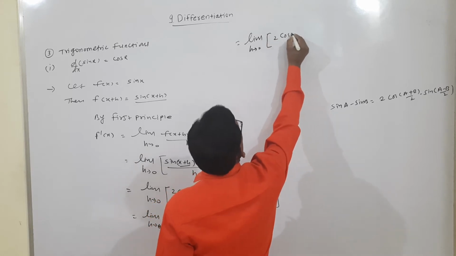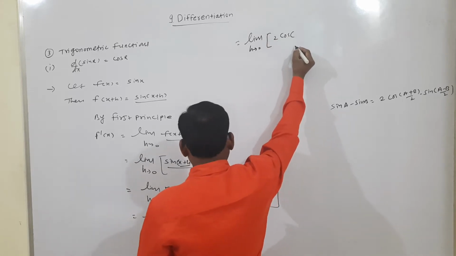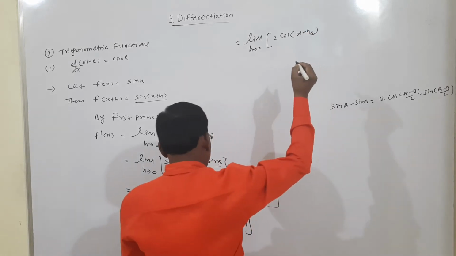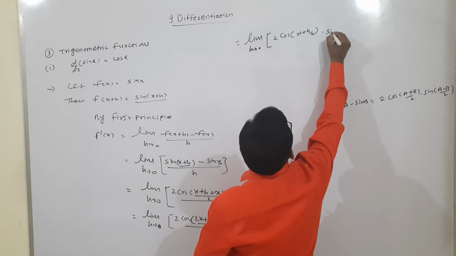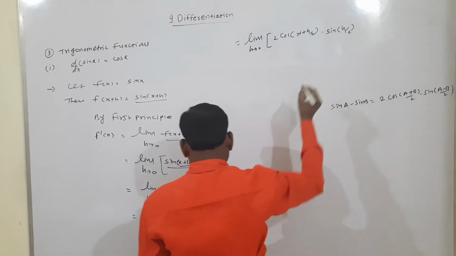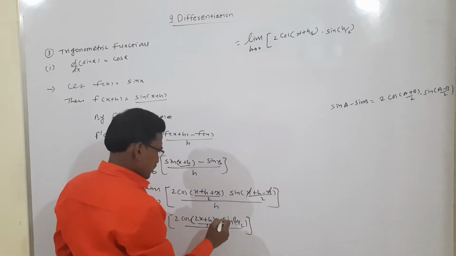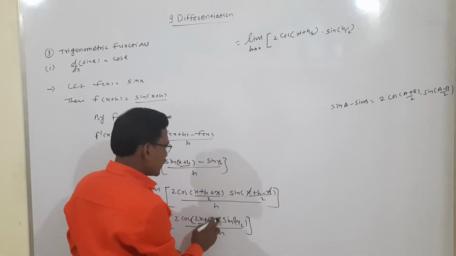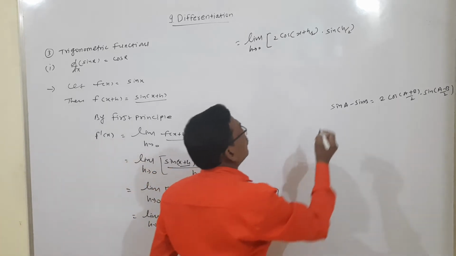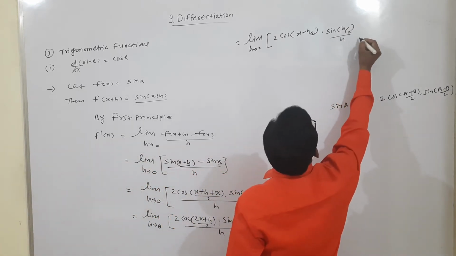2 cos of (x plus h by 2) into sine of h by 2, divided by h.